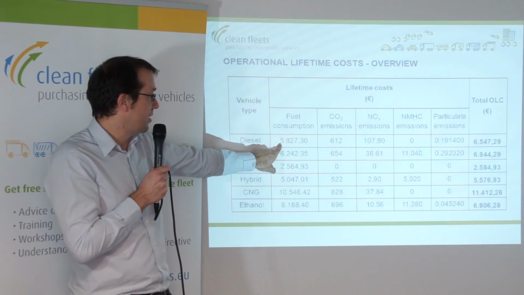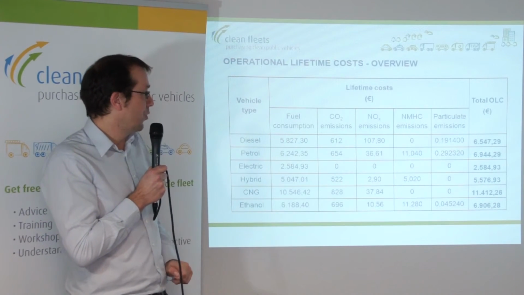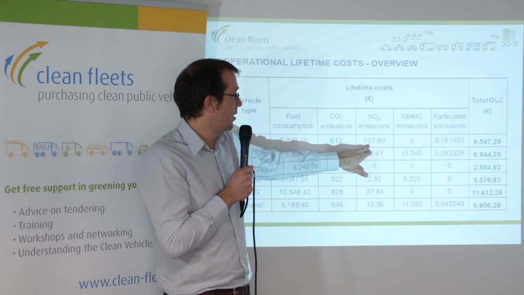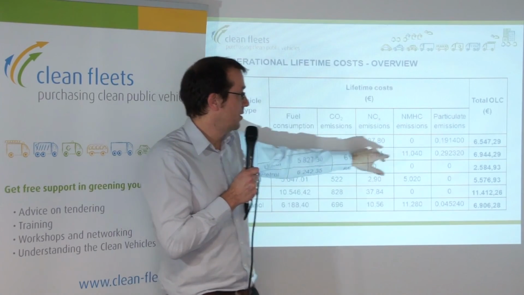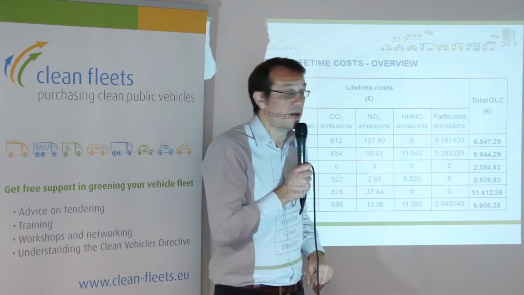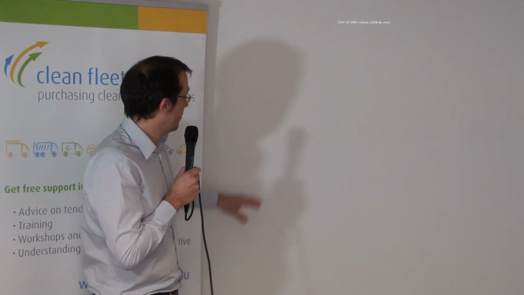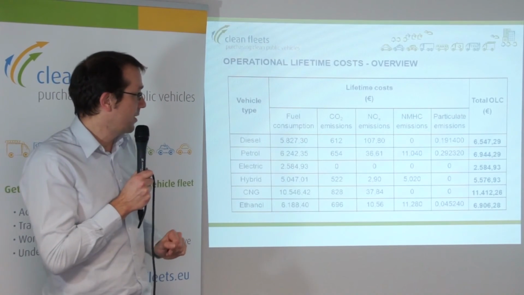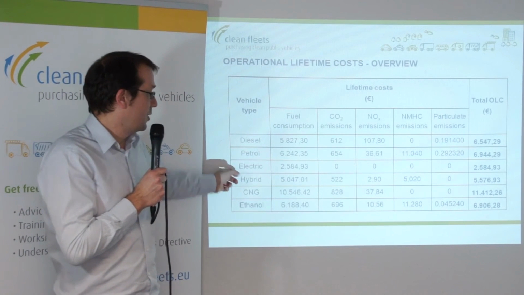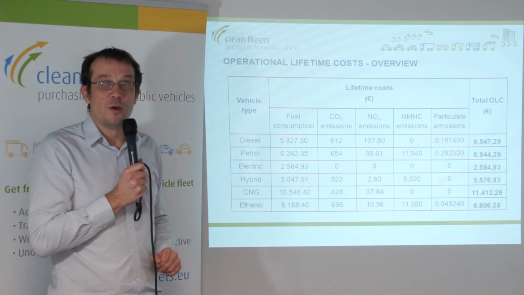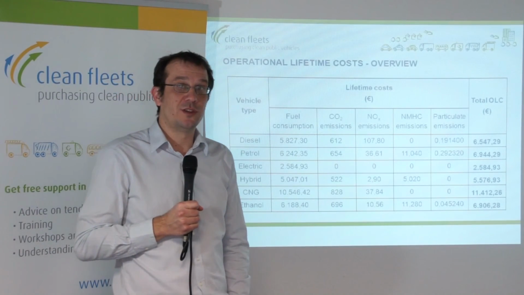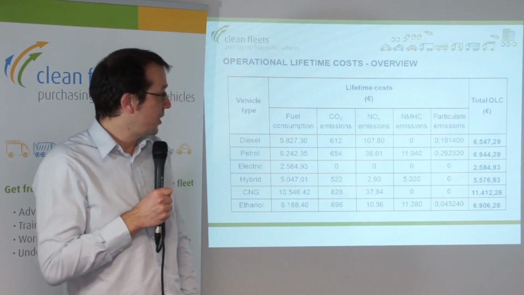So here for diesel you can see 5,800 euros comes from fuel consumption, just 612 from CO2, only 107 from NOx, and down to less than €1 for the particulates. So the vast amount of this comes from the fuel consumption figures, which is where the electric vehicles almost always come out on top. So that provides a very short overview of the OLC methodology.